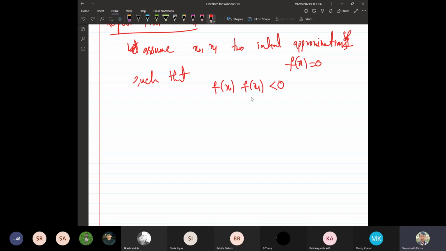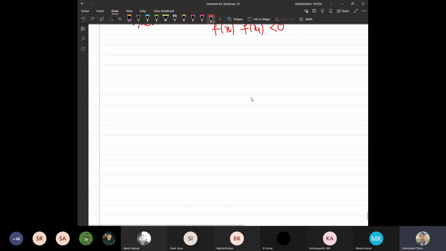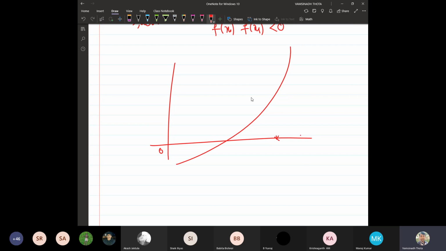Now, in this case, what are we going to do? We are going to do the same process that we have done for the secant method. For example, you take the same function, same graph. This is 0. You take the two points here.